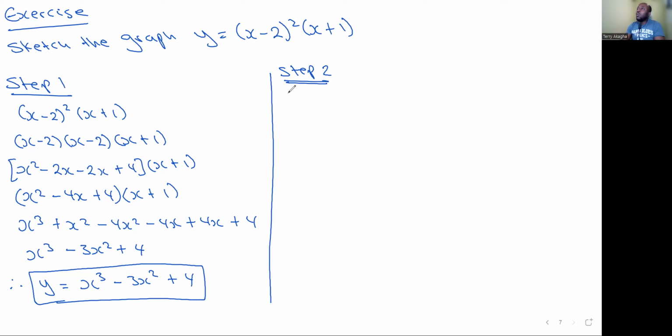So we are now having y is equal to x cubed minus 3x squared plus 4, okay? So now to differentiate this, what you have to do is find dy over dx.